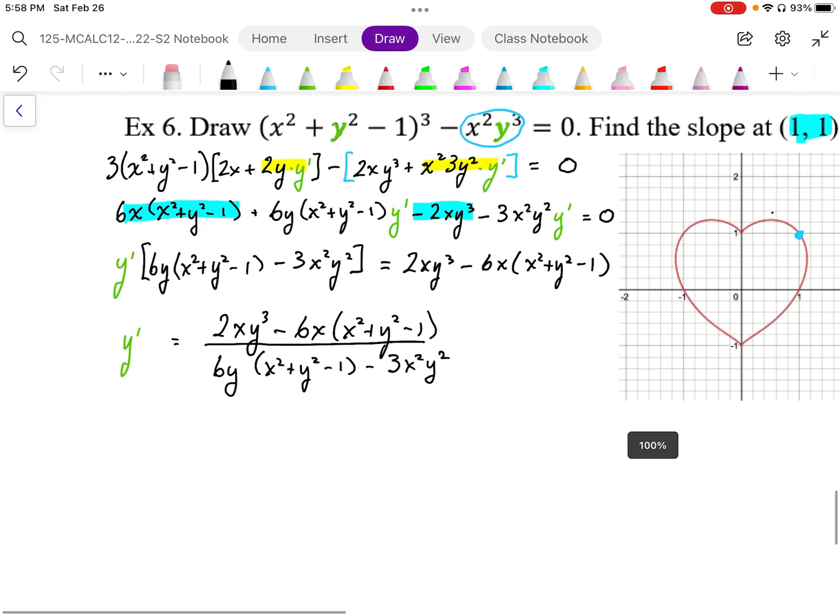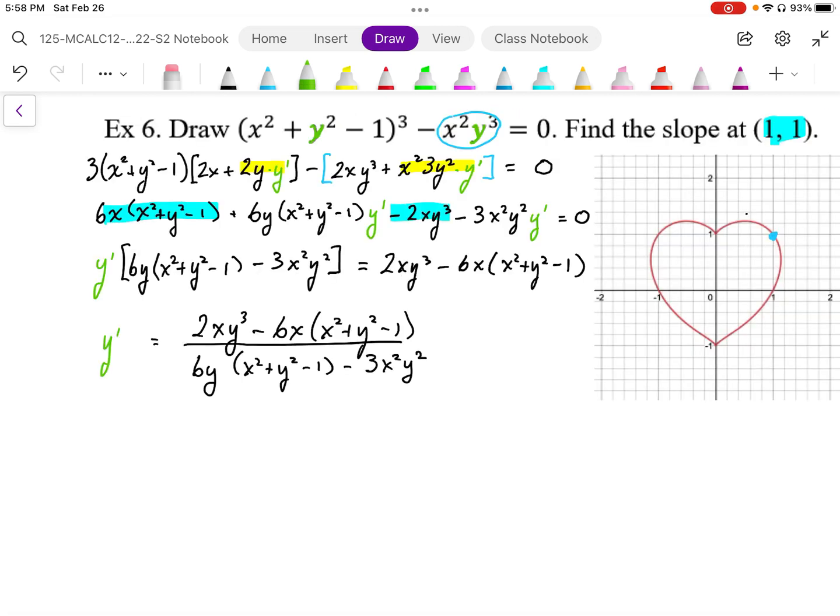Now that I've isolated my y prime, I'm going to find my derivative, or my slope, at (1, 1). The nice thing about (1, 1) is that it is an easy coordinate to substitute in. In the numerator, I'm going to have 2 times 1 times 1 cubed, so that's 2, minus 6 times 1 times (1 squared plus 1 squared minus 1). That's going to be 1, so I end up with minus 6 for that term.